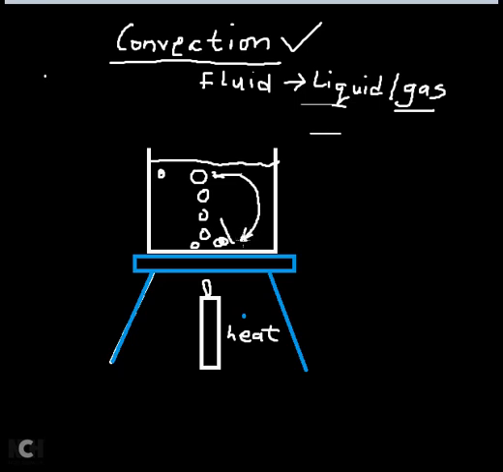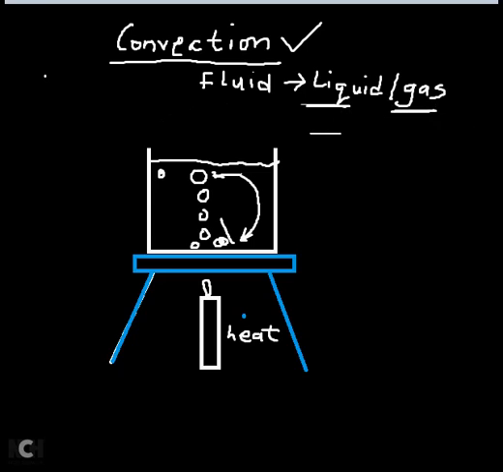That is the cycle that will keep on operating until the entire liquid is heated, and all the molecules of the liquid get to a steady temperature. So such is what is known as convection. It takes place in liquid and of course in gas.